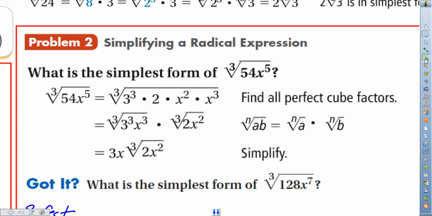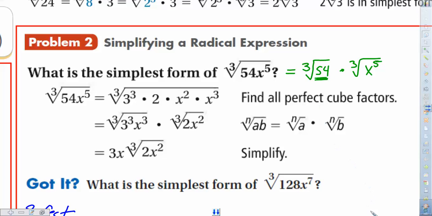Now, if it were me, seeing how the textbook kind of tries to muddy the waters a little bit, what I would highly suggest you do on this problem would be to split this apart and look at this as the cube root of 54 times the cube root of x to the 5th. Now I'm going to set that cube root of x to the 5th aside for now, and let's just focus on that cube root of 54.